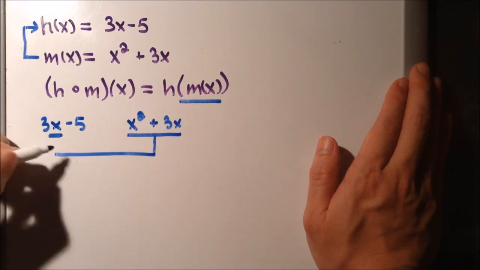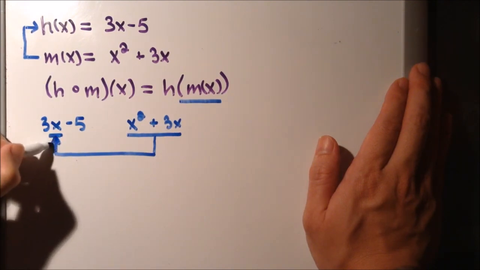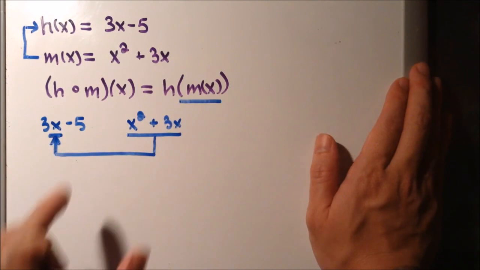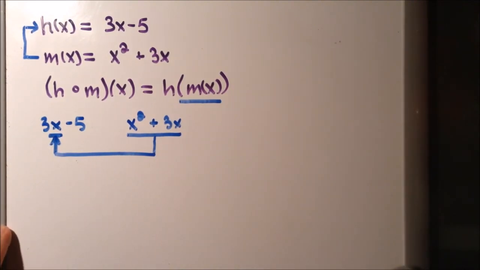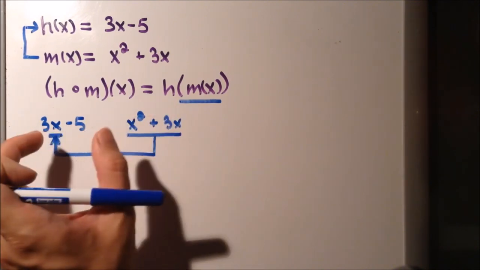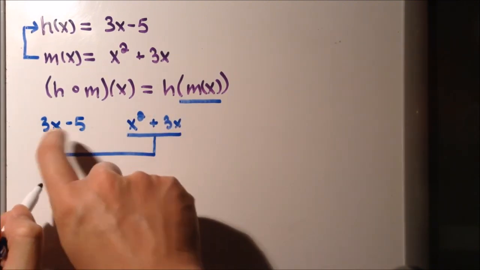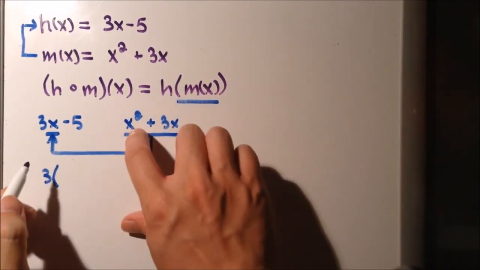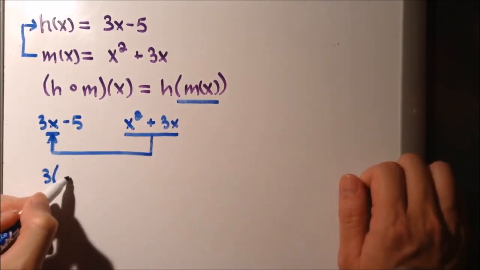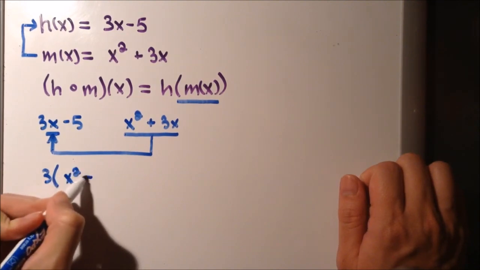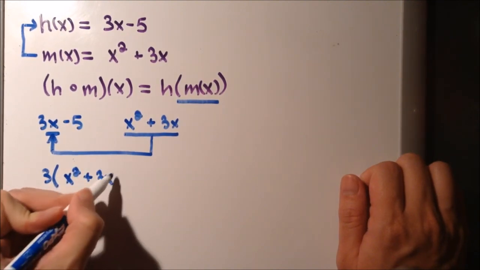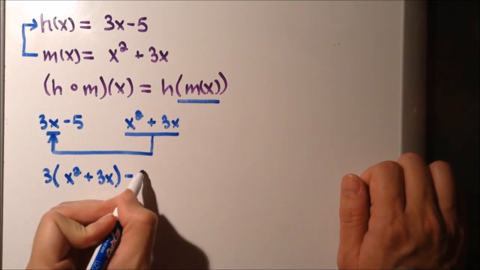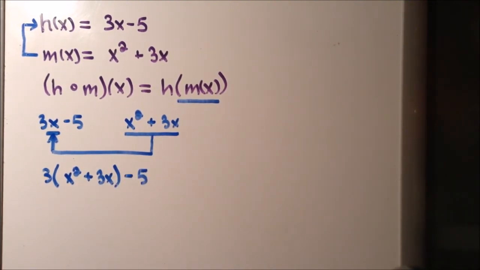That's all you're doing. This whole thing goes into that x. To show the work, I'm going to plug the whole thing into that x. Since there's a 3, first I put 3, parenthesis, and put in m of x, x squared plus 3x, close parenthesis, minus 5. That's all I had to do to plug in.